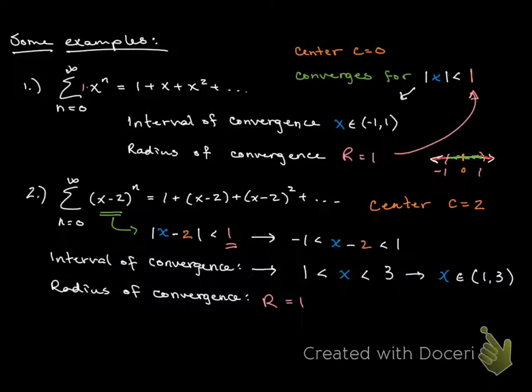And again, just quickly, number line. This series was centered at 2 with a radius of convergence of 1. So on either side of 2, I go out 1 unit. And as long as my x's are within this window, we say that the power series converges.